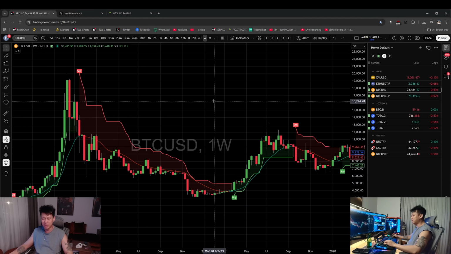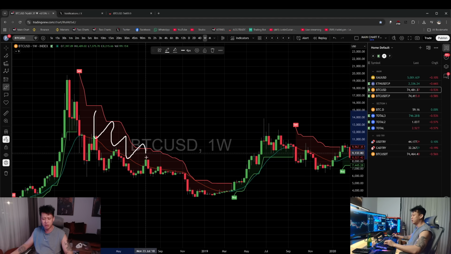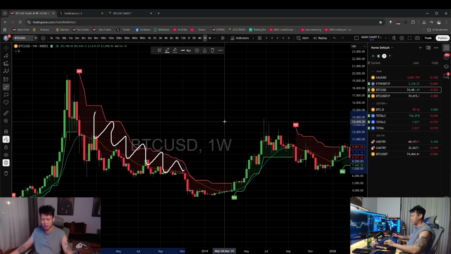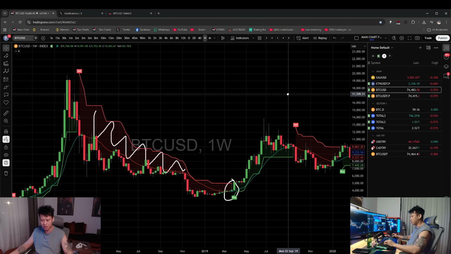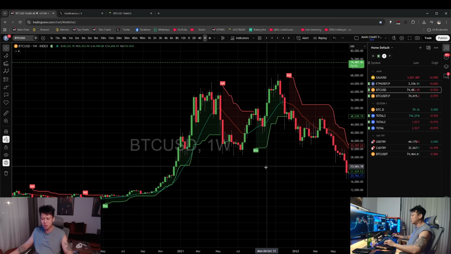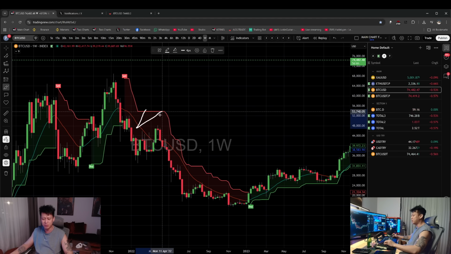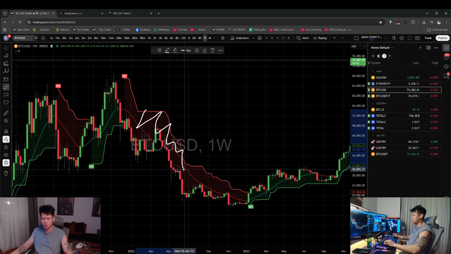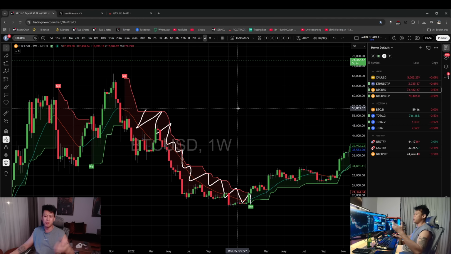But then the next time you see it, it does the same thing, where in between this ribbon, anytime you enter a short, you'll win if you ride it to when it flips green, like that. Then you see the same thing in the last bear market as well, in this ribbon between the two reds, which are the Supertrend indicators.